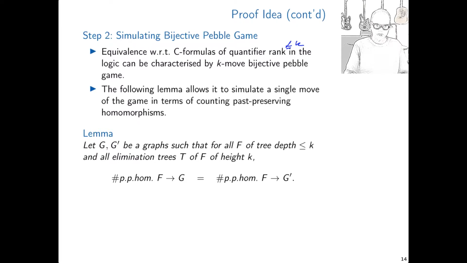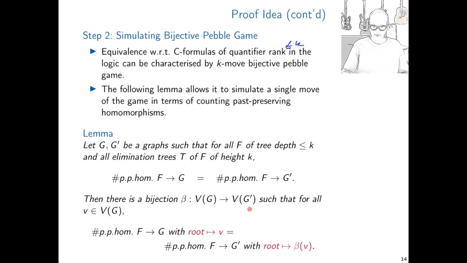It says that if we have two graphs G and G prime, such that for all graphs F of tree depth at most k and all elimination trees of these graphs of height k, so optimal elimination trees, the number of path-preserving homomorphisms of F into G with respect to this tree equals the number of path-preserving homomorphisms into G prime, then we can find a bijection between the vertex sets such that for all vertices v, the number of path-preserving homomorphisms mapping the root of the elimination tree to v equals the number of path-preserving homomorphisms into G prime mapping the root to the image of v under the bijection.